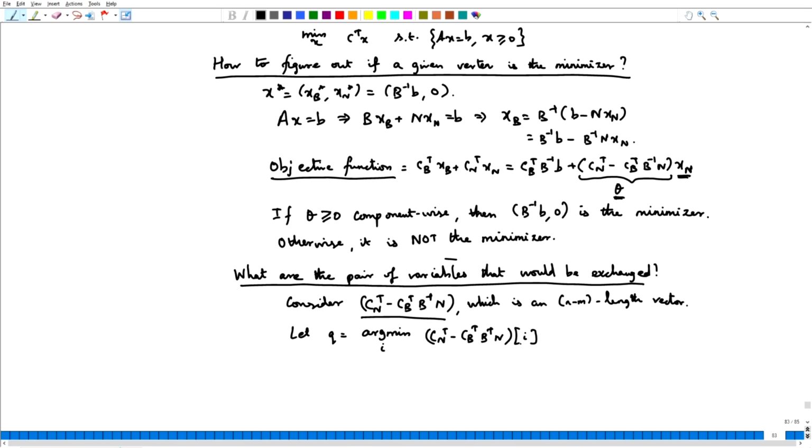Whichever i minimizes is the minimum element of Cn transpose minus Cb transpose B inverse n, okay. I am calling that q, and in the next iteration, xq will be a basic variable.